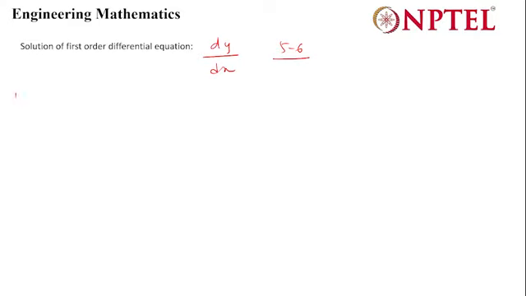So the first type is variable separable. Suppose your dy by dx is equal to f of x and f of y. You can easily distinguish the function of x and the function of y, and this is called variable separable. So how do we solve such kind of equation?